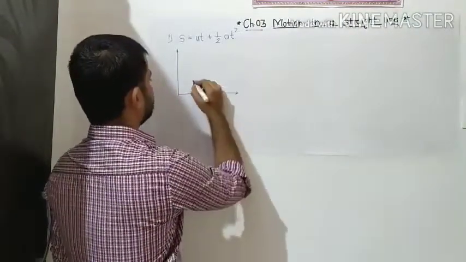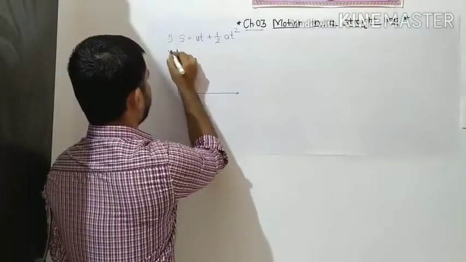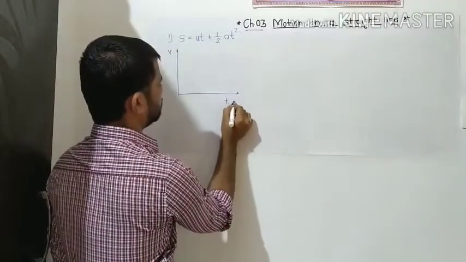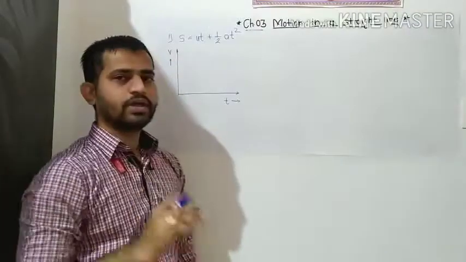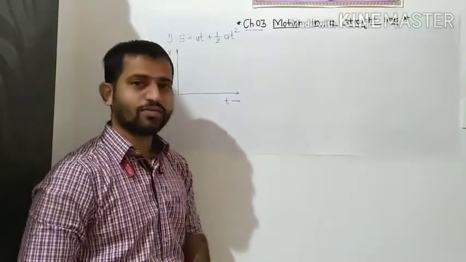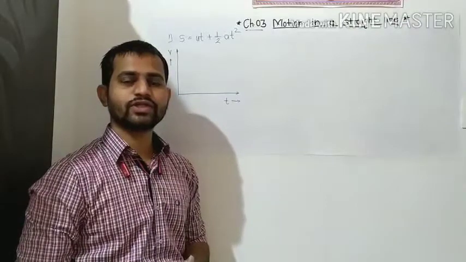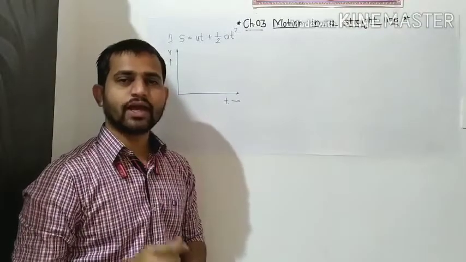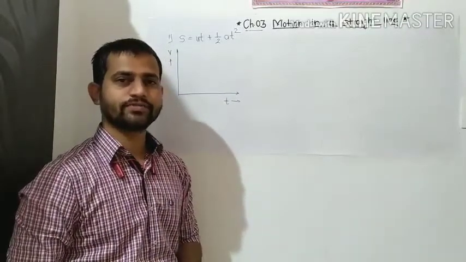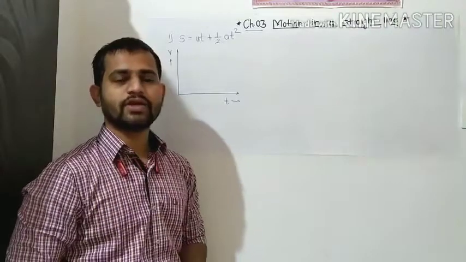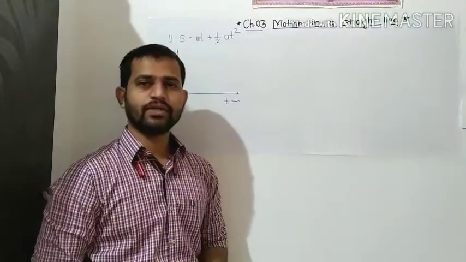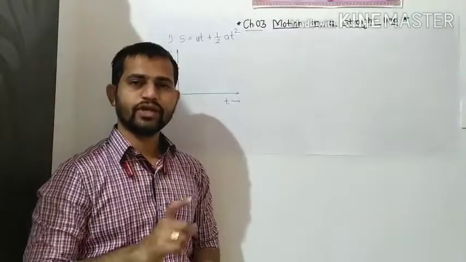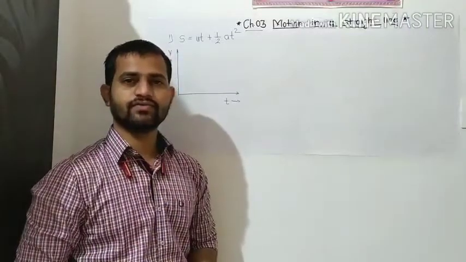Draw this VT curve. In this VT curve, this is the velocity and this is the time. Initially we consider that the object is in motion with the initial velocity u, and at that time the time is t1. After some time it will have the final velocity v and the time will be t2, and during that period it will travel a distance of s.